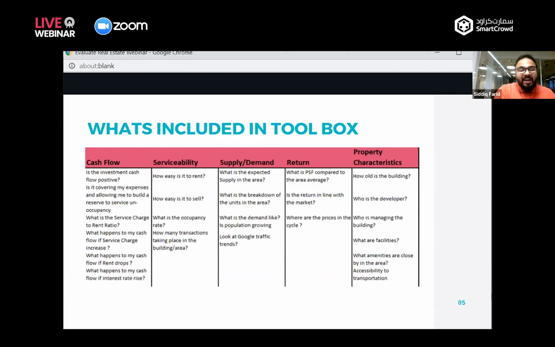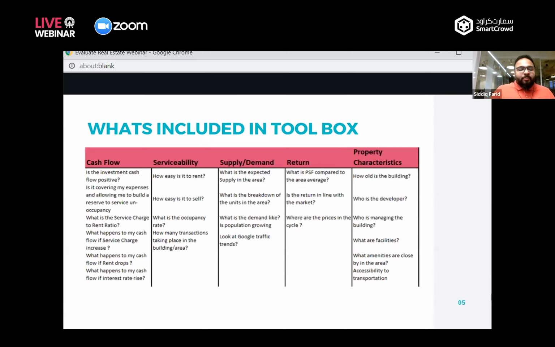Having a lot of supply in an area where there's no demand is obviously very bad, but having a lot of supply in an area with a lot of demand is not so bad because the supply is being met with the demand. And having an area with very little supply and a lot of demand is actually very good, because there are fewer properties, so there's more pressure on prices moving up rather than down.